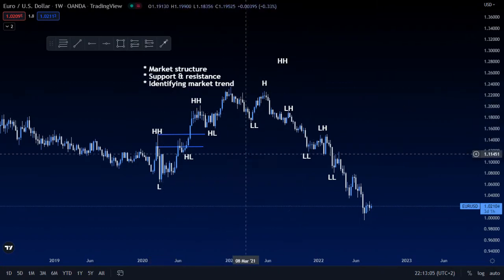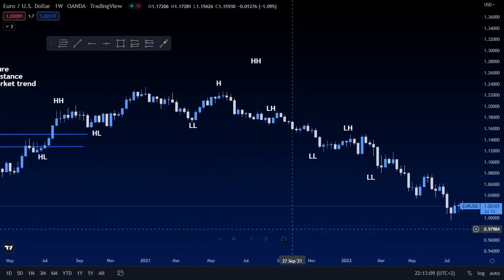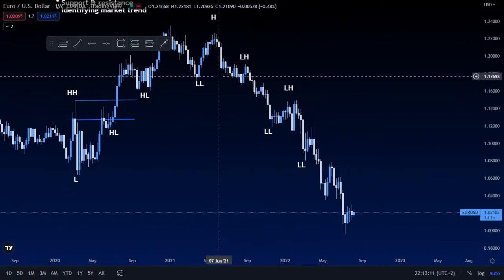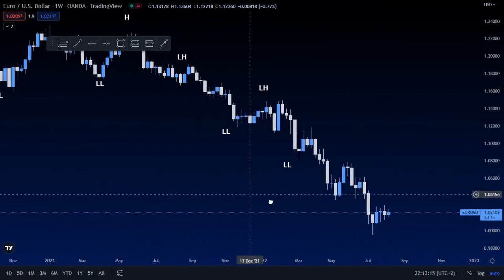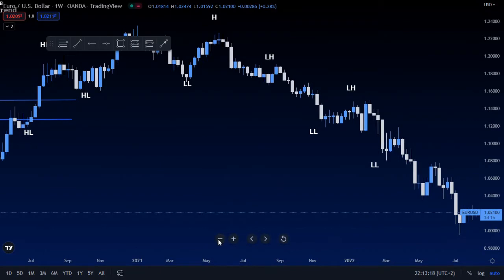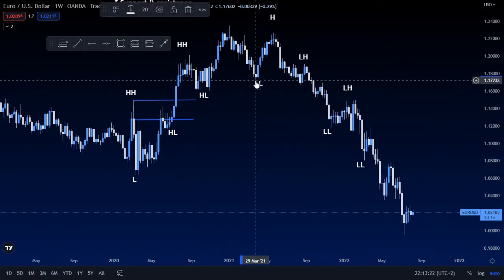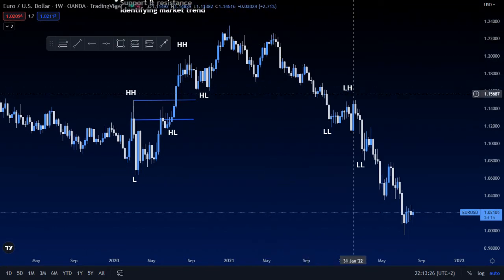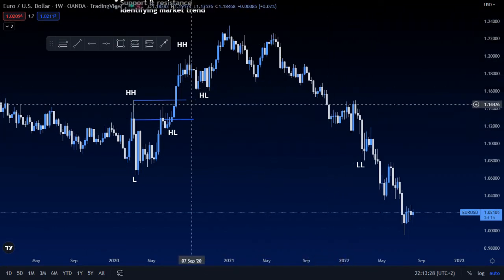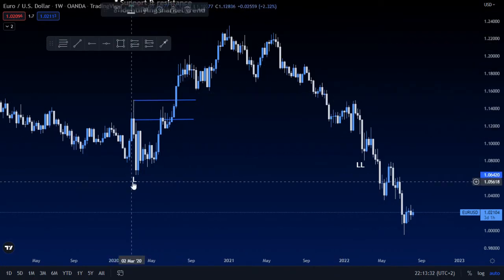So now, how do we identify support and resistance? Support is basically a level where prices are being held up, and we can identify this from a horizontal standpoint. So I'm just going to remove all the clutter so that we can have a better understanding and better view of what support and resistance actually looks like.